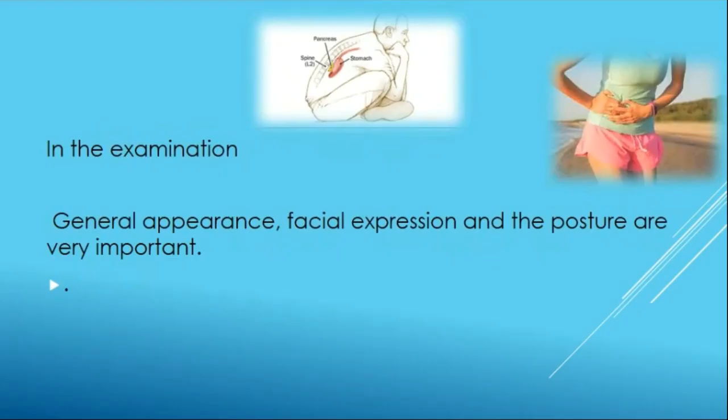Before you get into the proper abdominal examination, always go by the general examination. Okay? See the patient's appearance, facial expression, and posture, right? This might give you some hint to diagnose the patient's abdominal pain.